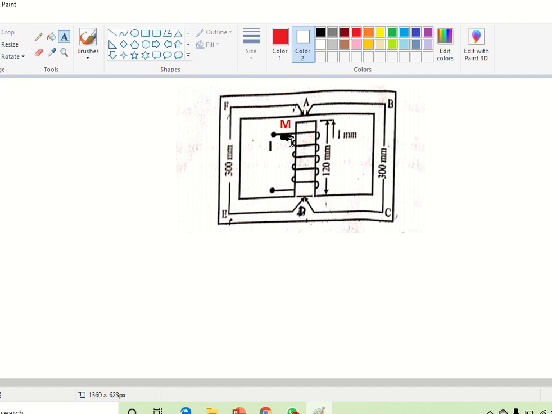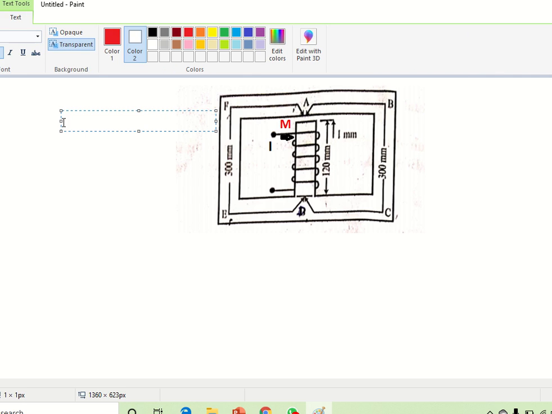For finding the current, the equation we are mainly using is MMF, F equal to N into I. Number of turns into current through the coil is MMF.